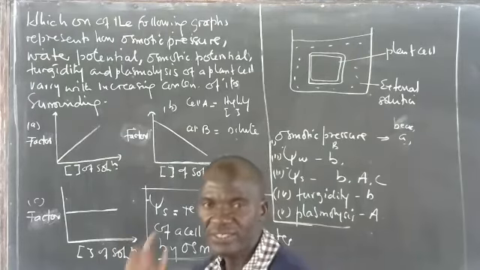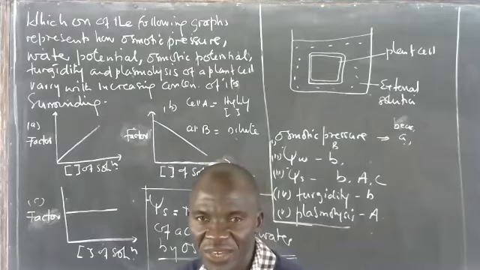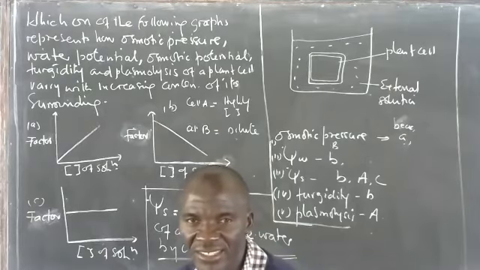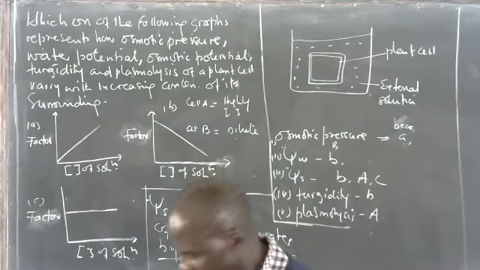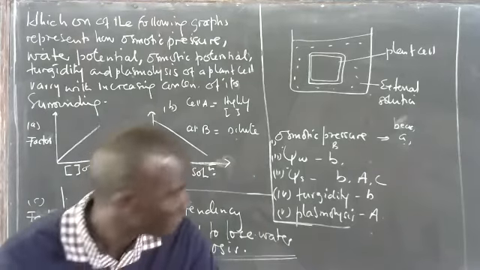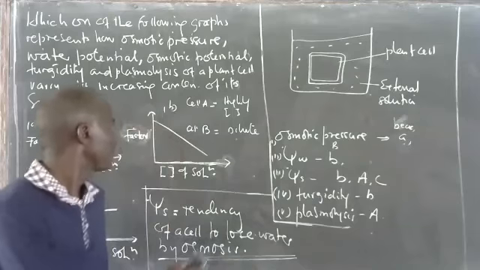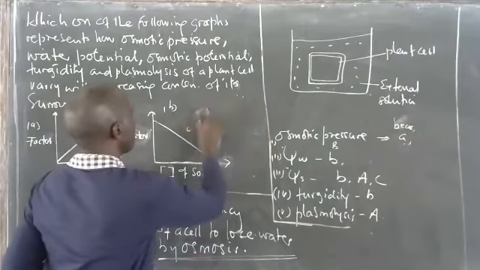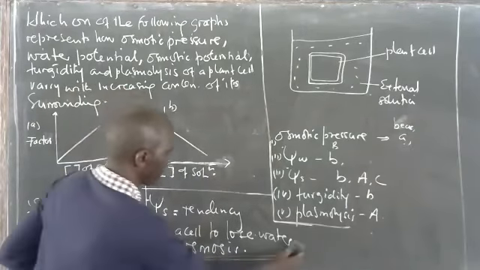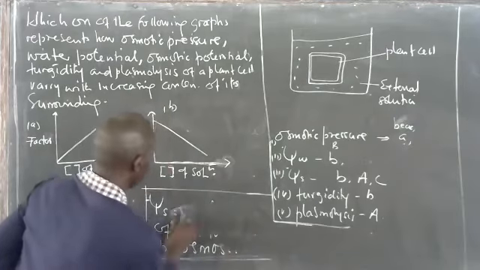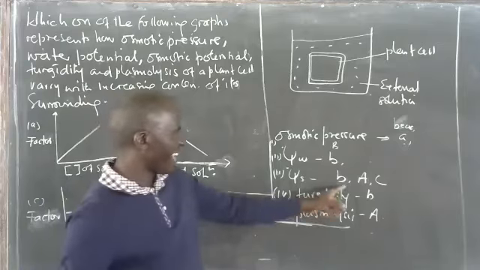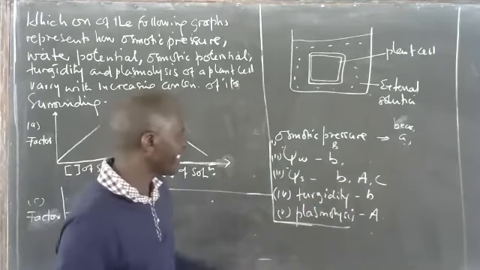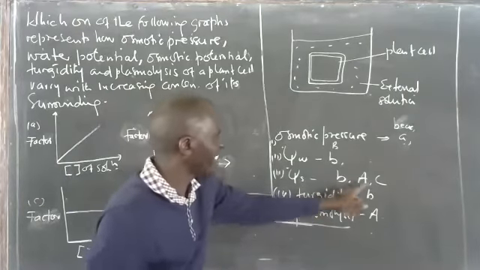Now, basing on that, what would be the best graph? Is it C? Is it B? Is it A? Someone says, oh, as if we have got all the things. Now, who is right here?